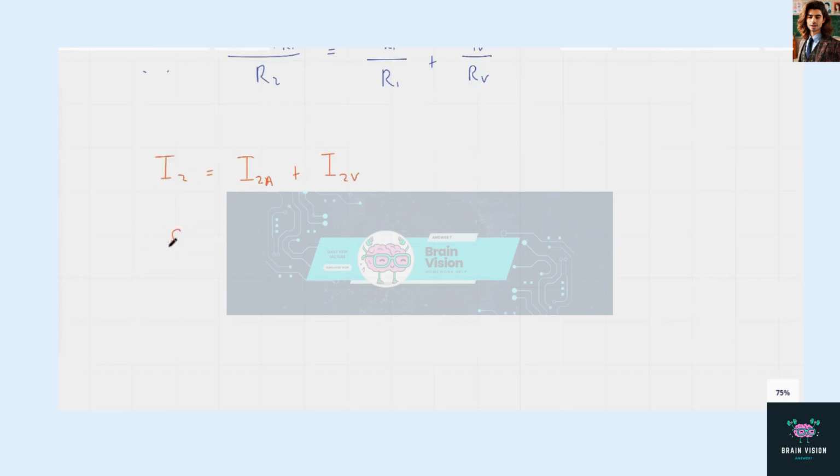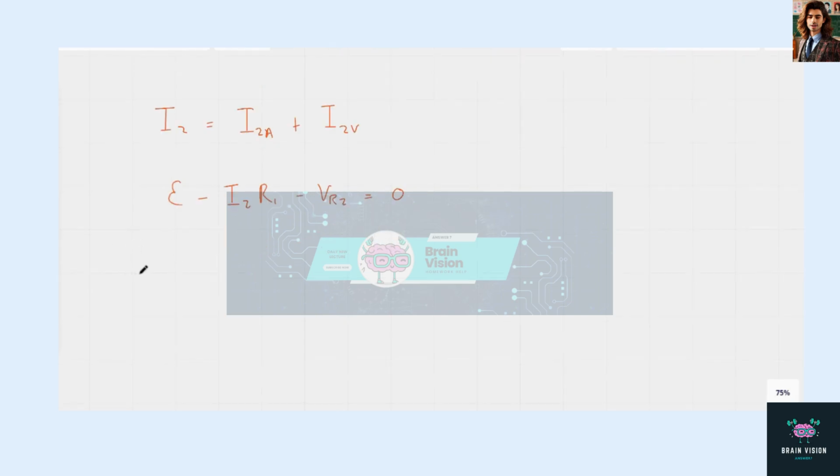And again, epsilon minus I2 R1 minus VR2 must equal 0. And this implies that the current I2 can be written as epsilon minus VR2 divided by R1.